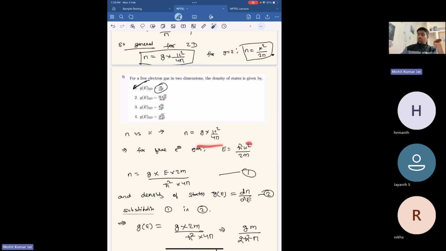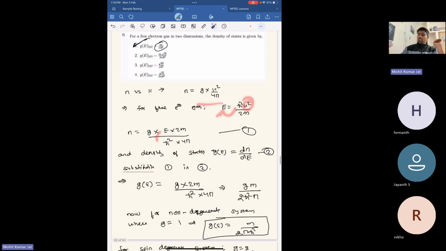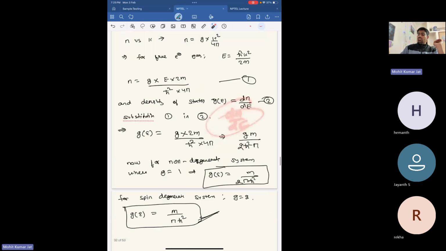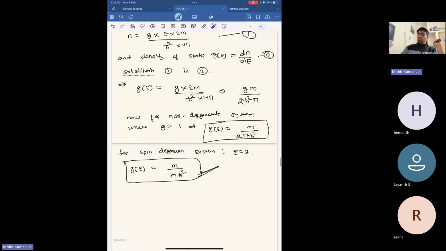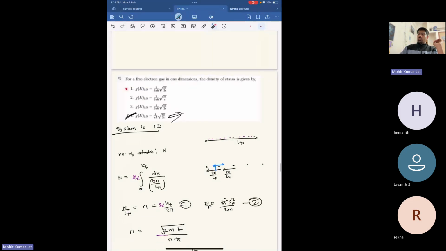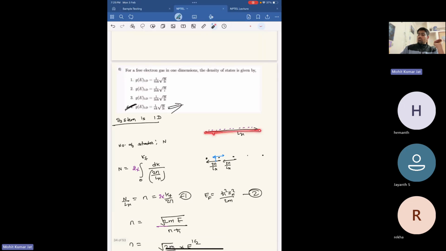We substituted the k square in terms of energy, and density of state is nothing but dn by dE. So we did this calculation, and that gives me that for spin degeneracy of 2, g(E) will be m by pi h bar square. In the next question, for a free electron gas in one dimension, the density of state is given by. So I take it to be one dimension, n is like g times dk by 2 pi over Lx.